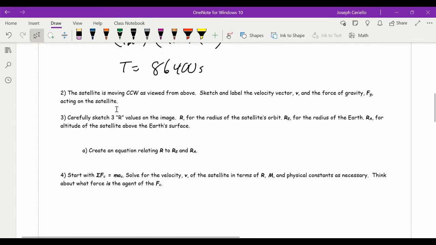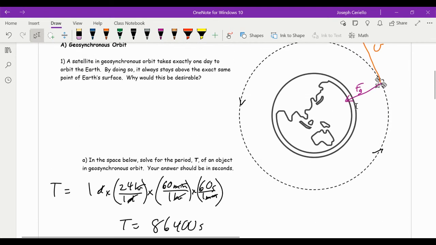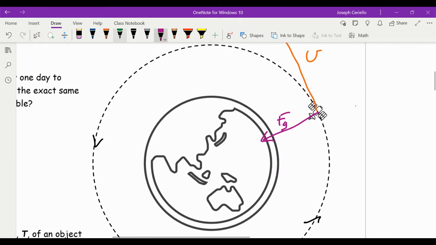So it says carefully sketch 3 R values on the image. R for the radius of the satellite's orbit, RE for the radius of the Earth, and RA for the altitude of the satellite above the Earth's surface. So let's sketch these all out. We'll do these in blue. So RA is the distance from the Earth's surface to the satellite.